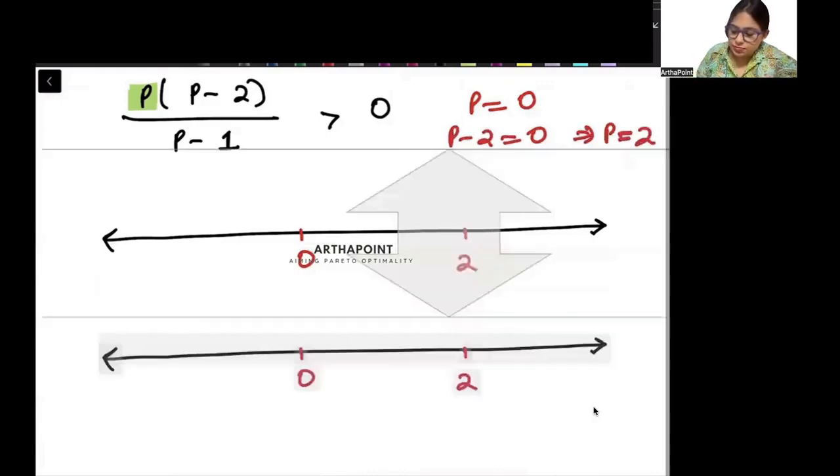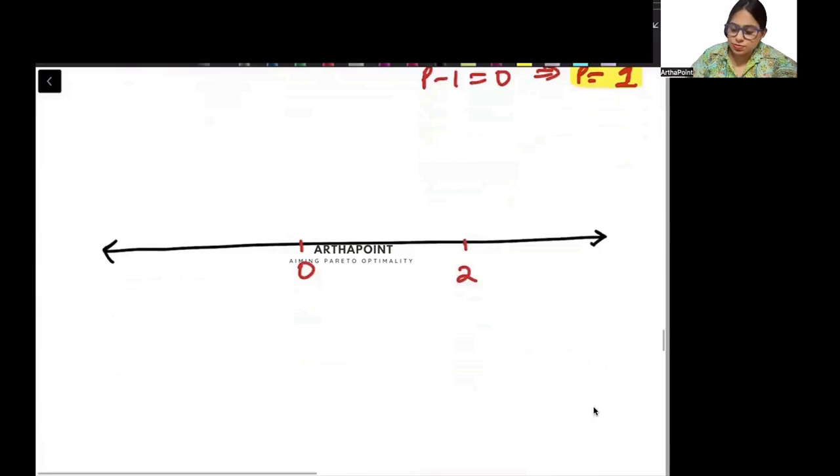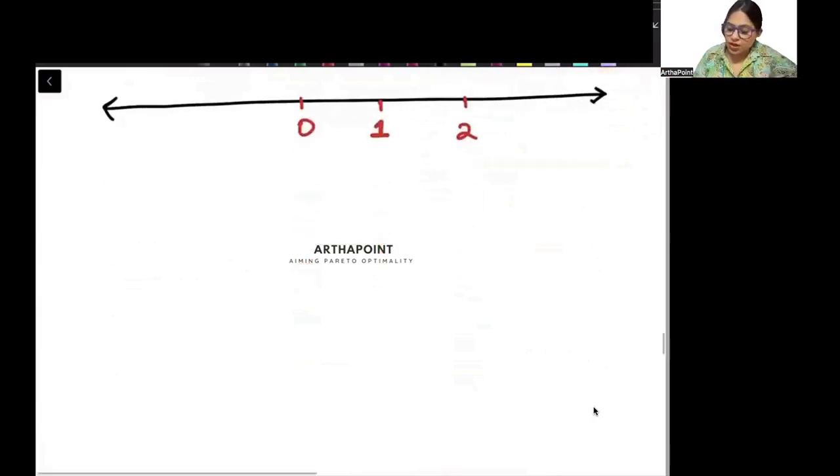Right? p minus 1 equal to 0 means p will be 1. So you have got p as 0, p as 1 and p as 2. Clear? Making sense? Again beta, we will do this. Here we will draw the line till the end.